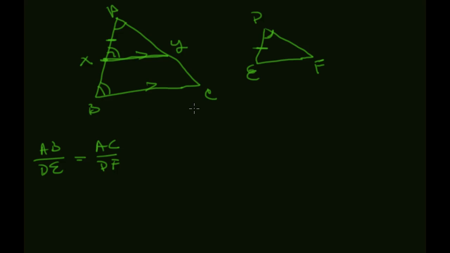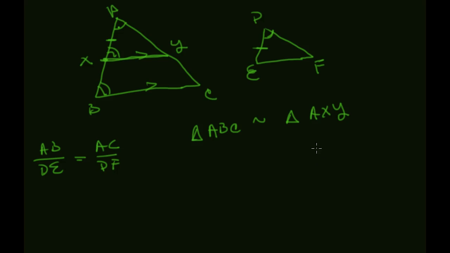That's because they're corresponding angles, which means that the big triangle here, triangle ABC, has to be similar to triangle AXY. And why is that? Because there's one angle in both triangles, there's the other angle in both triangles, I have AA similarity.